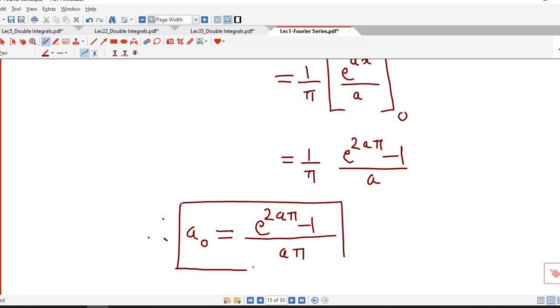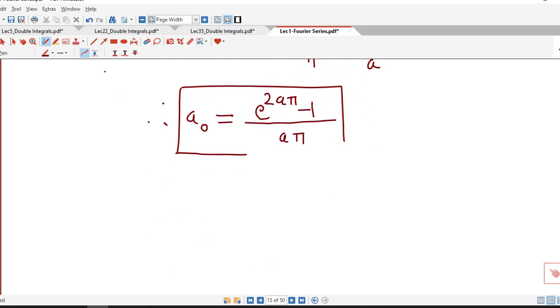Now we calculate the next Fourier coefficient, which is denoted by an. There are an infinite number of coefficients for different values of n: a1, a2, a3 and so on.